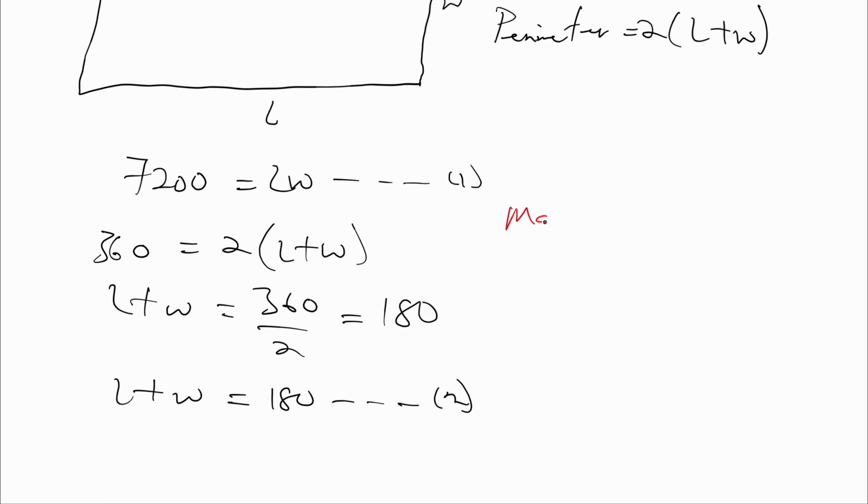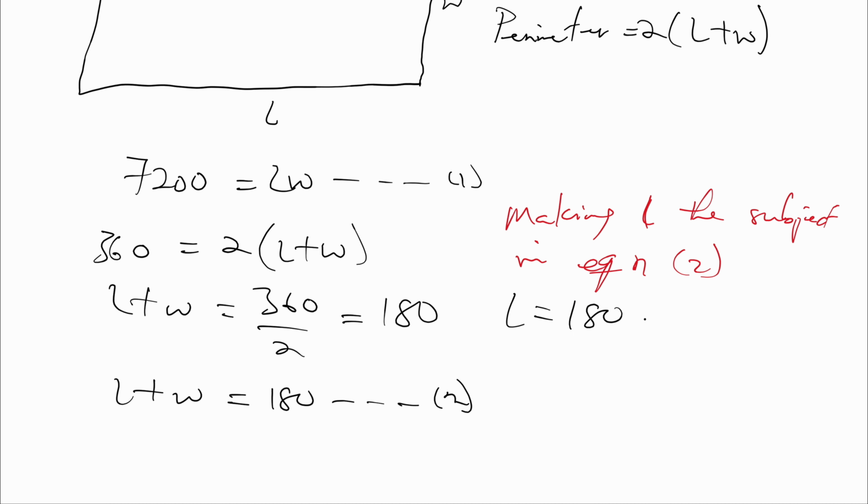Making L the subject in equation 2: we have L plus W is equal to 180, so L will be equal to 180 minus W. Now we can put L equals 180 minus W into equation 1.